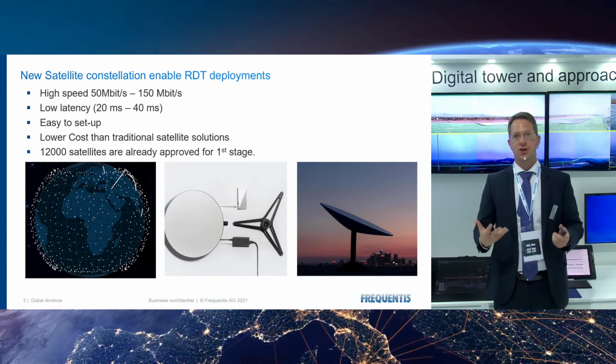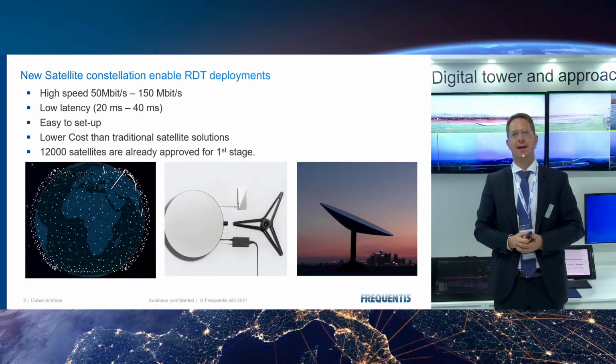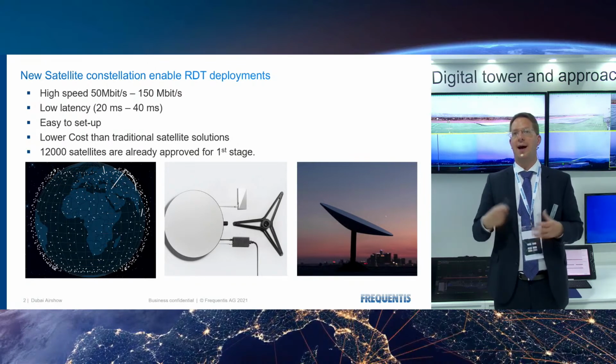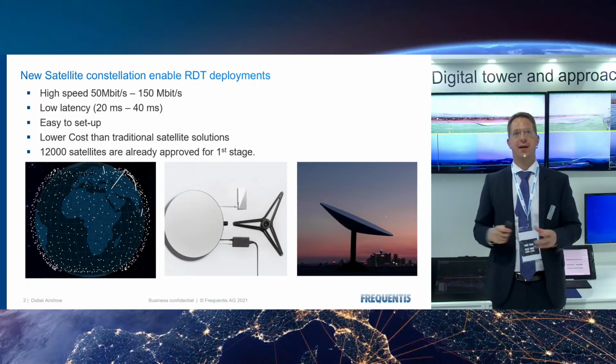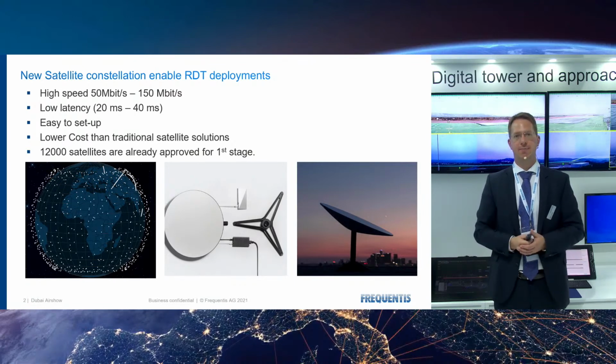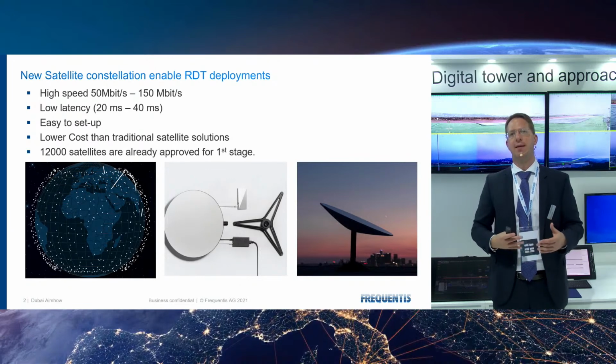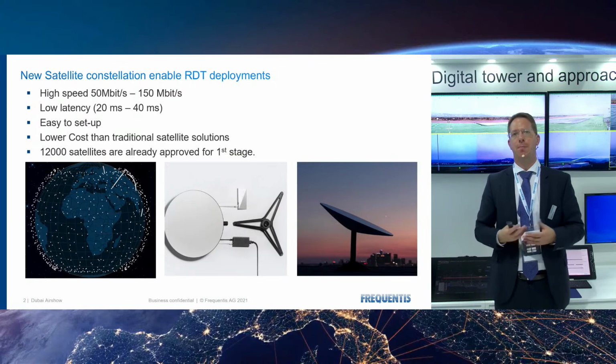And the big advantage of those new connectivity possibilities is that you can gain rather high bandwidth, so between 50 and 150 megabit per second. They have a low latency, between 20 milliseconds and 40 milliseconds, which enables the remote tower to be compliant regarding the standard ED-240, for example.